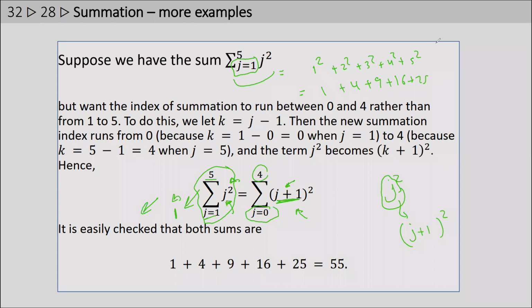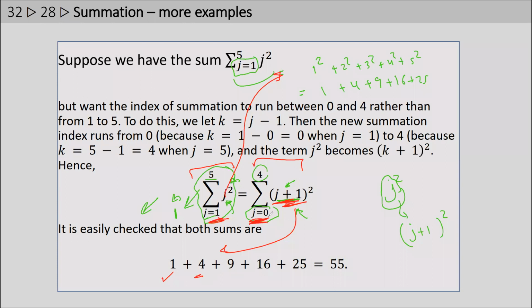If you're not sure whether the two summations are exactly the same, we have calculated the one on the left. Let's substitute in the one on the right and check whether it gives the same solution. Starts with j is 0. Substitute 0 plus 1 is 1, squared is 1. The next j is 1, 1 plus 1 is 2, 2 squared is 4.